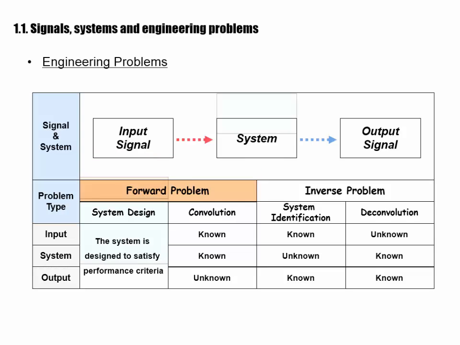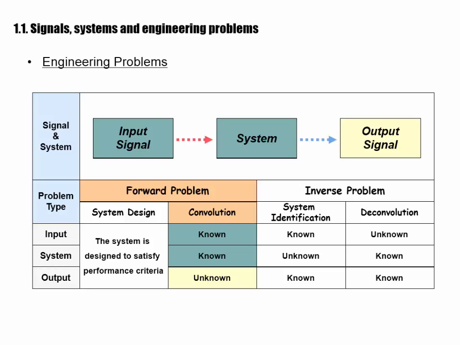For example, system design is we know the input signal and we know the output signal, so that we design the system. It's the system design. Right? And convolution is we know the input and we know the system, so we'll know the response.